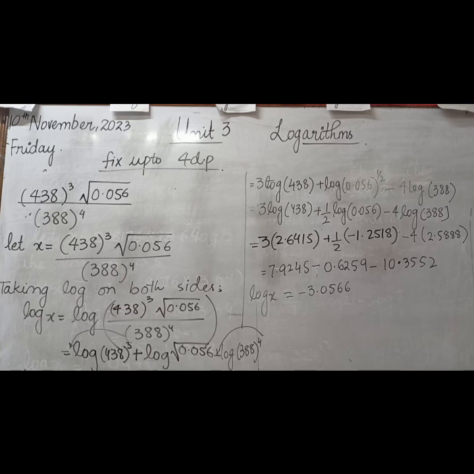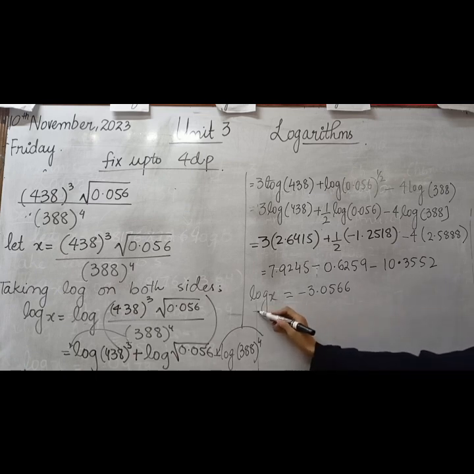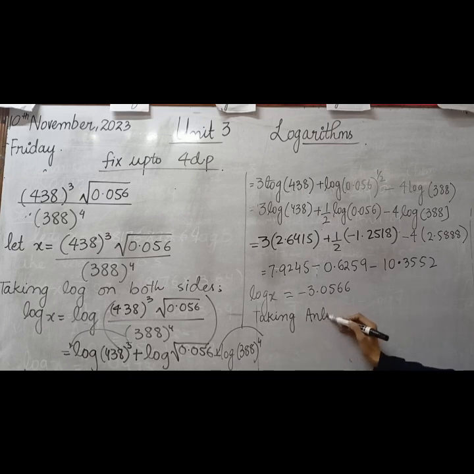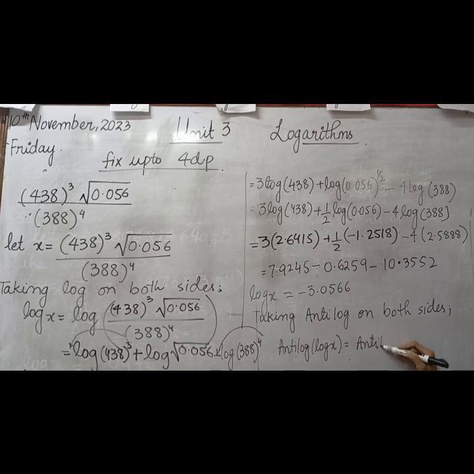No, this is not the answer. This is the value of log x, but we have to find out the value of x. So what will be the next step? Taking anti-log on both sides. To find out the anti-log, we'll write anti-log of log of x is equal to anti-log of minus 3.0566.